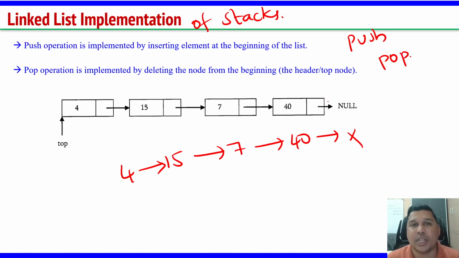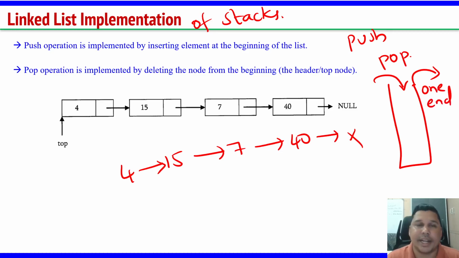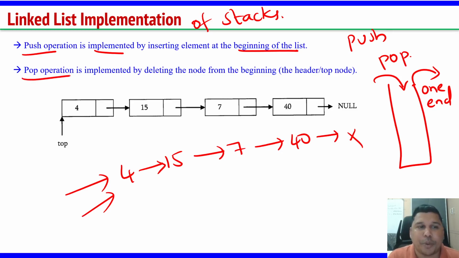So where do I have to insert? We know in stacks, insertion and deletion happen at only one end. So you can implement by making it easy by inserting an element at the beginning and deleting an element at the beginning. Okay. See, push operation is implemented by inserting an element at the beginning of the list. Okay. And pop operation is implemented by deleting the node at the beginning.